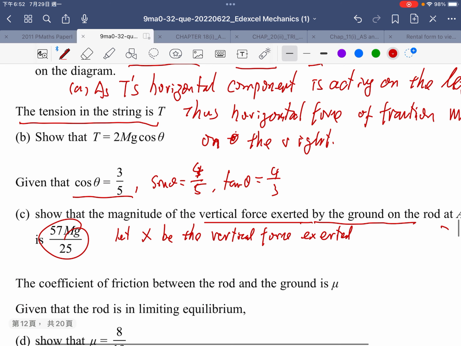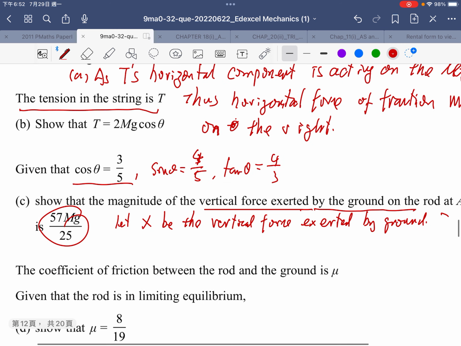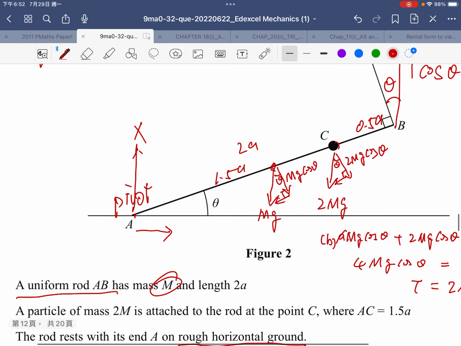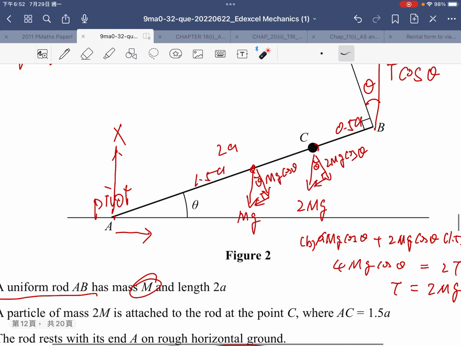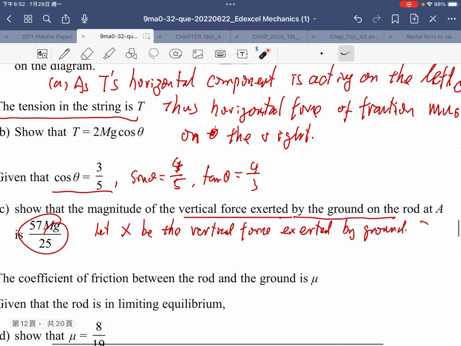It means that the upward force must be equal to the downward force. The sum of these must be totally equal, otherwise this cannot be in equilibrium.